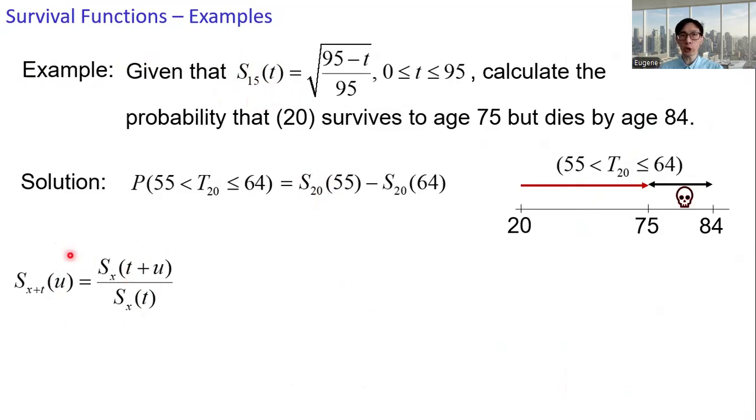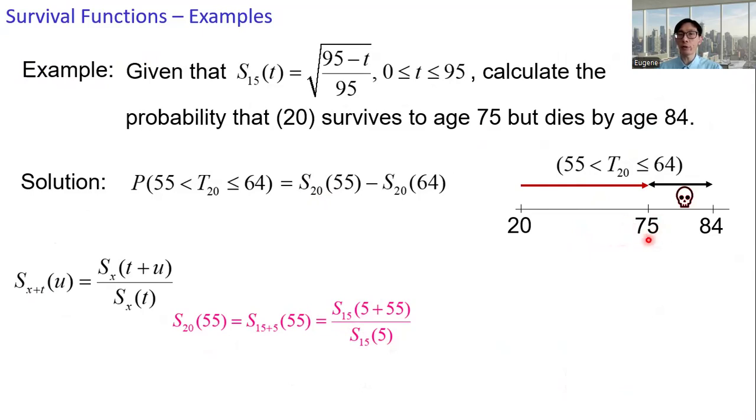And we have the relationship linking S20 and S15. S20(55) can be expressed as S15+5(55), where x is 15 and t is 5. And therefore, we get S20(55) equals S15(60) over S15(5). Consider a person at age 15 who survived to age 75.